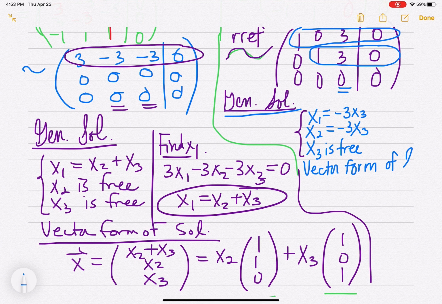Now that's going to be your general solution in vector form. The vector x takes on the form negative 3x3, negative 3x3, x3, and you can factor out the x3 parameter. It gives you negative 3, and 1.